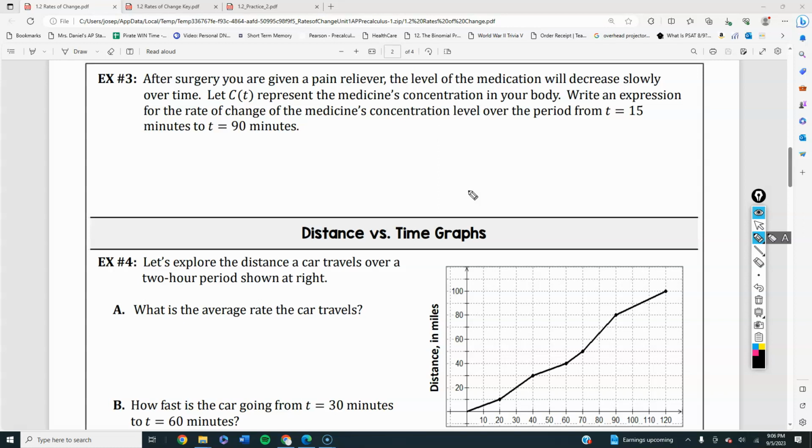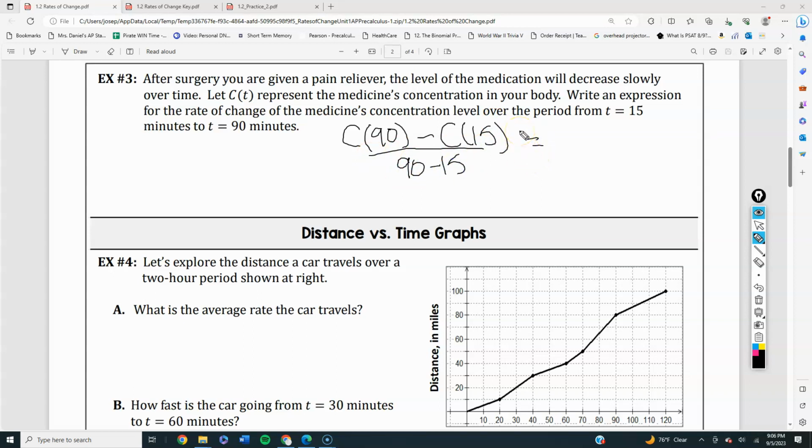So again, we got to do our change in C of T over change in T. T is what we're plugging in. It's our X in this case, if you want to think about it. So I'm going to do C of 90 minus C of 15, and I'm going to put it over 90 minus 15.